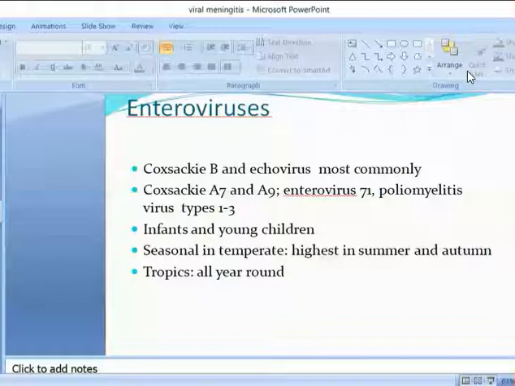Even these can cause meningitis. The most predisposed age group is infants and young children. Usually they occur in warmer climates. In the temperate areas they have a seasonal propensity, occurring highest in the summer and autumn, whereas in the tropics they can occur all year round.